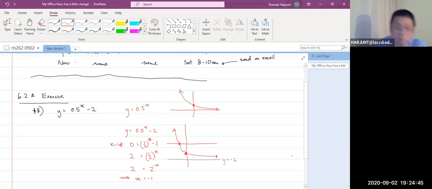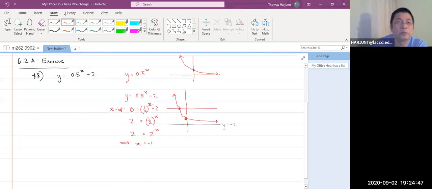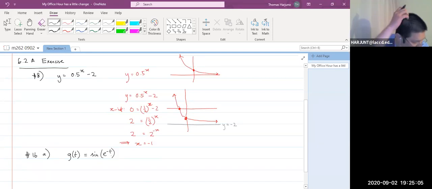Okay, go on further. Some technicality. Question number 16a. g(t) equals sine of e to the -t. Find the domain.